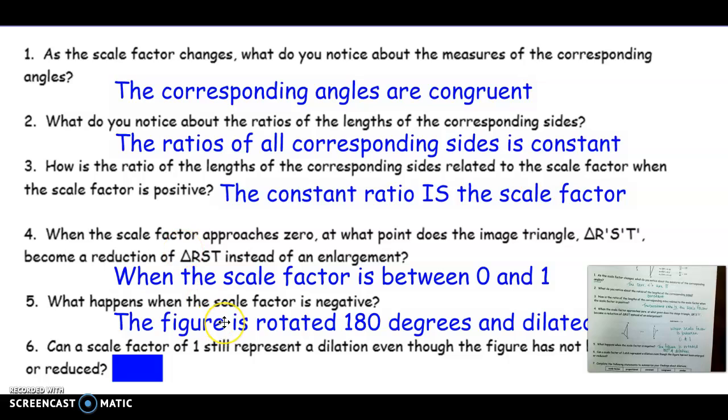Number 6, can a scale factor of 1 still represent a dilation even though the figure has not been enlarged or reduced? And the answer to that is yes. So we would say all congruent figures are also similar, but not all similar figures are congruent. But if you have two congruent figures, yes, they are considered to be similar with a scale factor of 1.